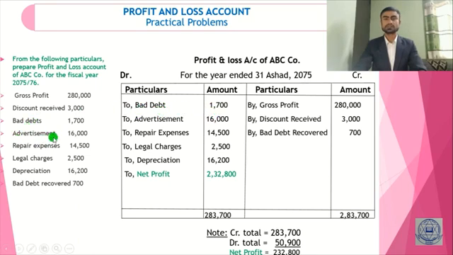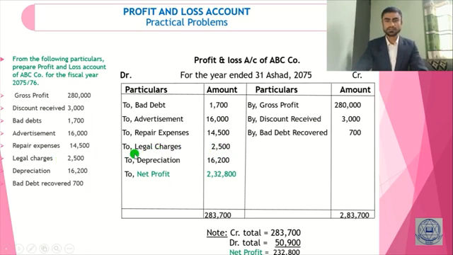Similarly advertisement, it is also an expense, so it is also recorded on the debit side. To advertisement account 16,000. Next we have repair expenses. It is an expense, so it's very easy, right, on the debit side. Here repair expenses 14,500. Similarly legal charges are also an expense, so they are also written on the debit side.